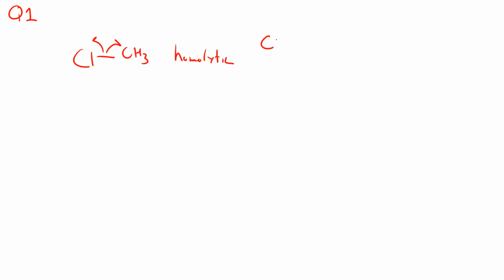When you have this, it's called a radical. So product 1 and product 2 are both radicals. So this is also going to form a radical. It'll have CH3, and I'll have a dot right there. And this is reaction A.